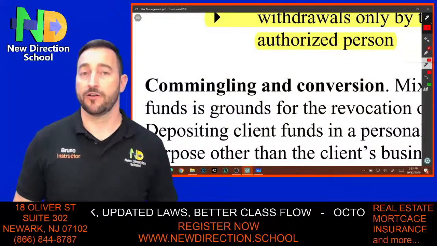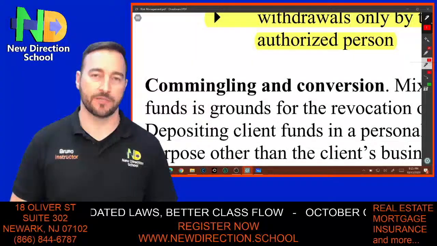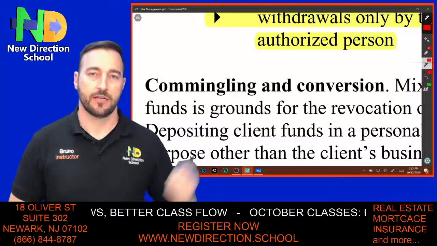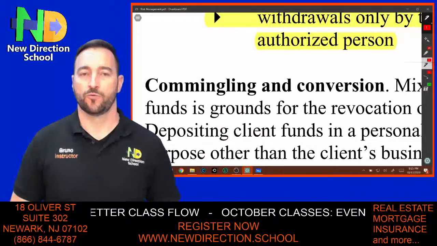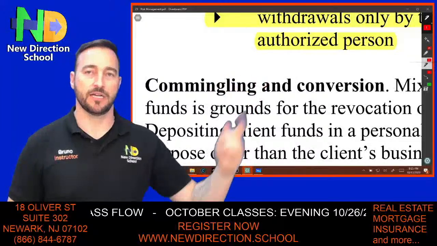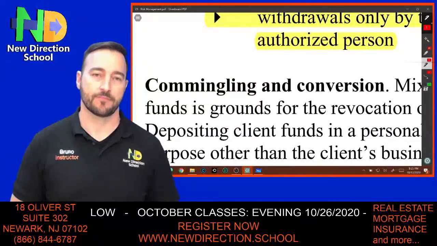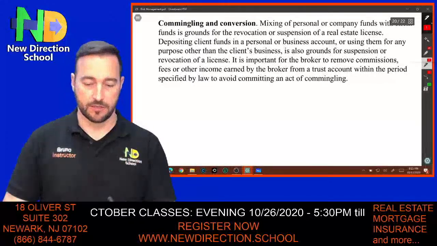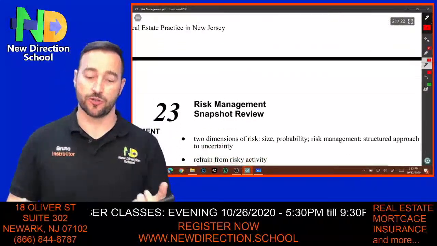And this, here in New Jersey at least, is the most common mistake that brokers and salespeople make. If you guys ever look for what they've been sued for or what the complaints have been, mainly commingling and conversion. Okay? So we covered that in the previous chapter. So I'm just going to move right through because we still have that in New Jersey again.